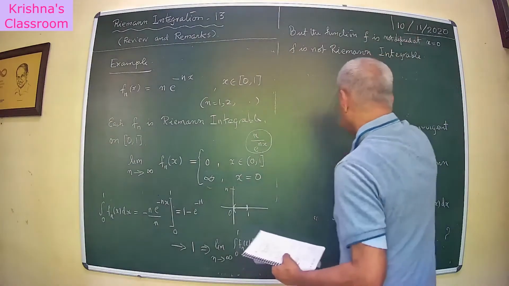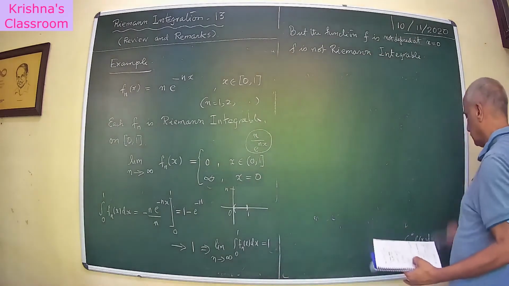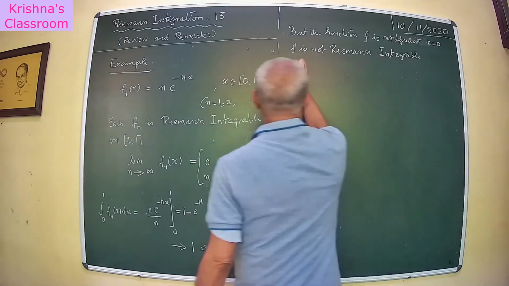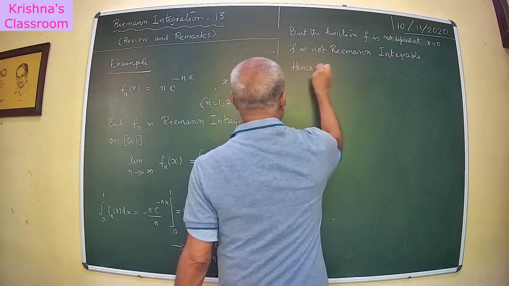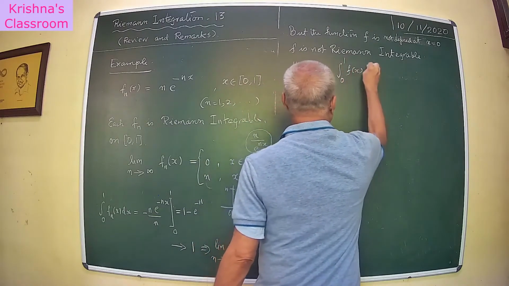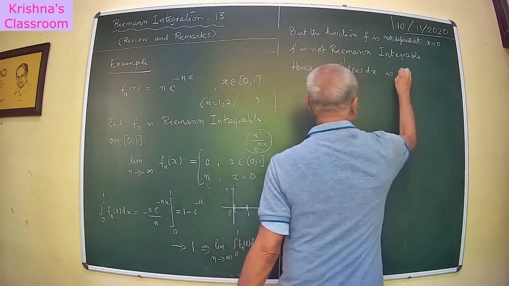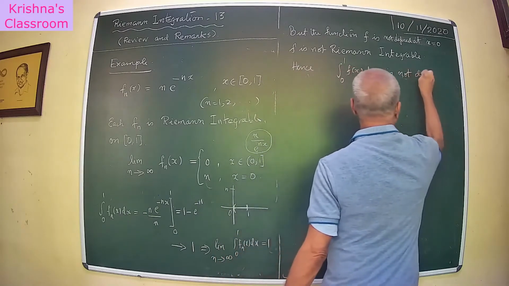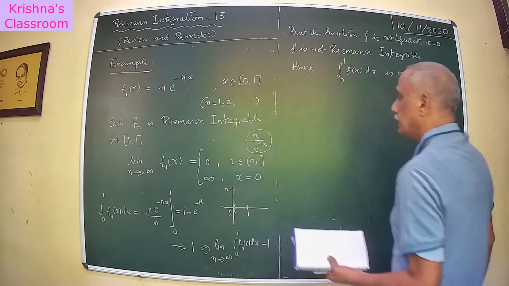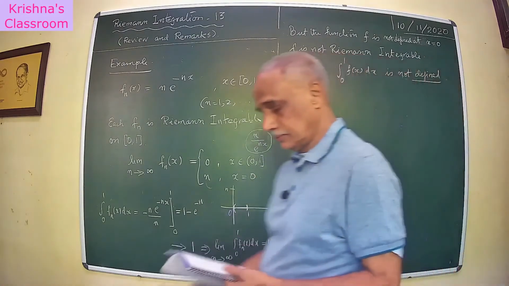So it cannot be. So this is a place where you cannot interchange the limits and the integration. Hence, the integral from 0 to 1 of f is not defined. Therefore, the question of equality never arises in this case.